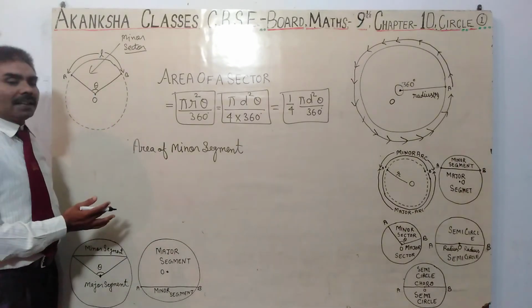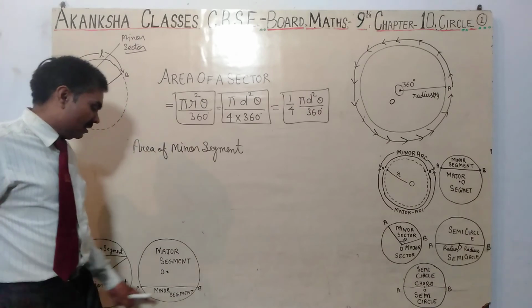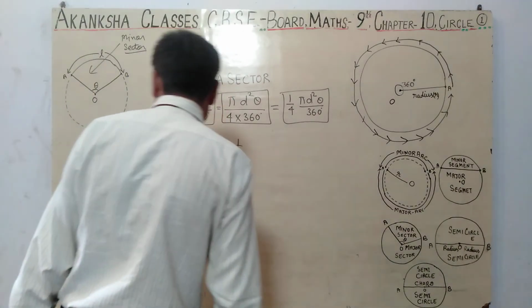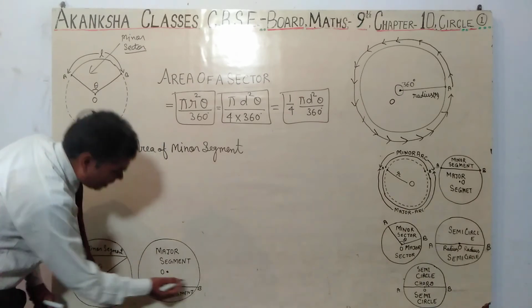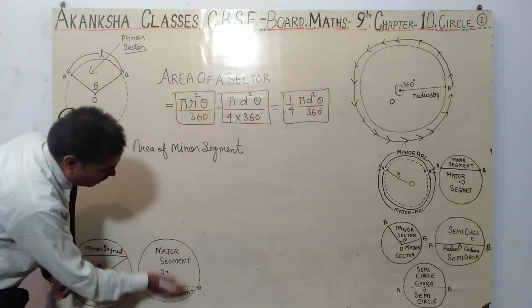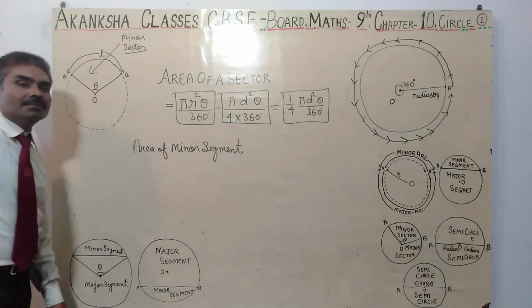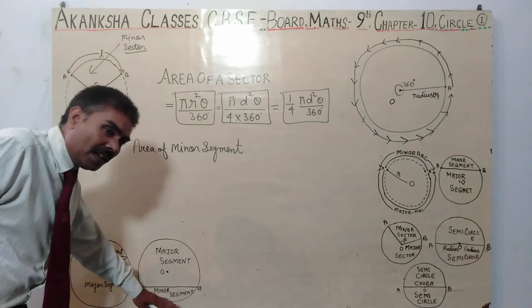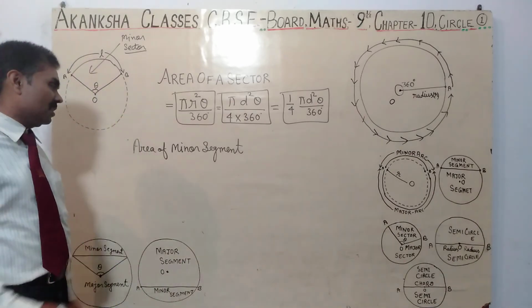The part of a circle divided by a chord is called segment. Here AB is the chord. AB divides the circle into two segments. The smaller one is called minor segment and the bigger one is called major segment.